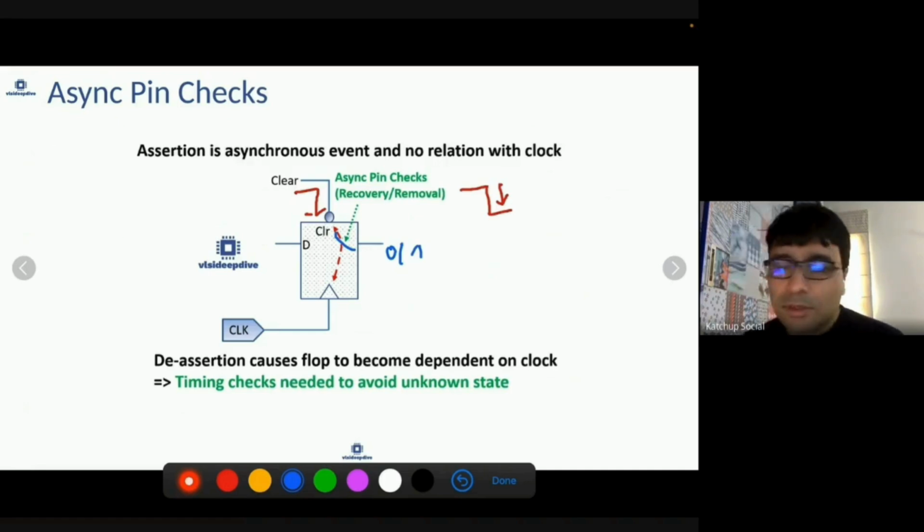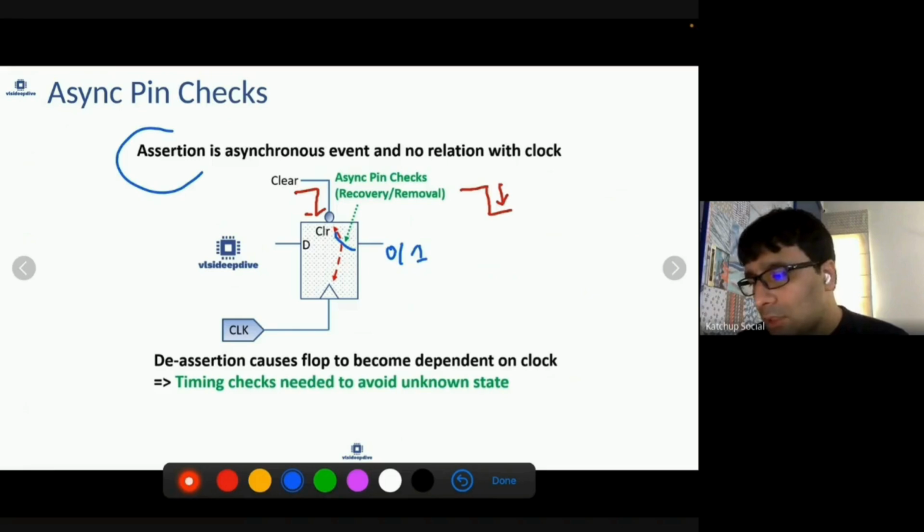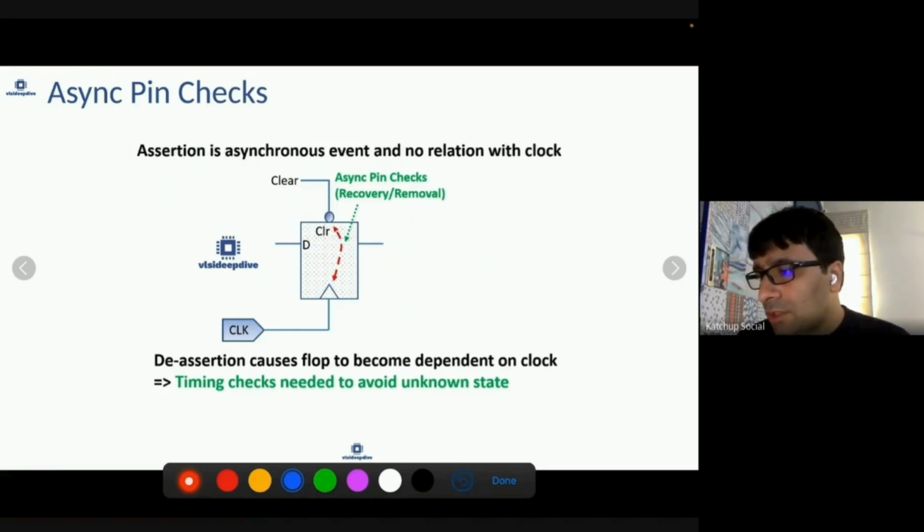Now, what happens during de-assertion? That was during assertion. During de-assertion, the flop will start taking data from the D input, because now reset has de-asserted. This data is dependent on the clock.